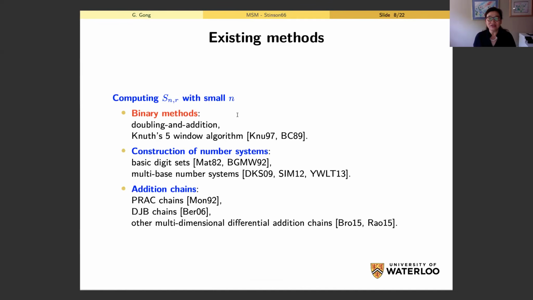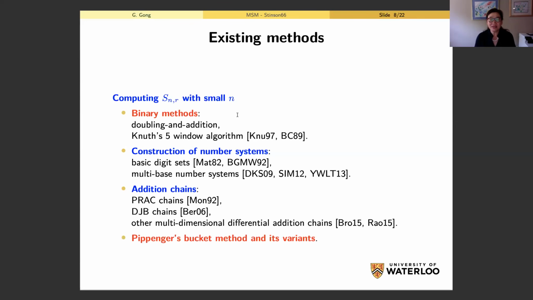You could also use addition chains; there is a lot of work on them. Those are for small n, usually 3 or 4, because I guess no application requires big n. Digital signatures only need n equal to 2.